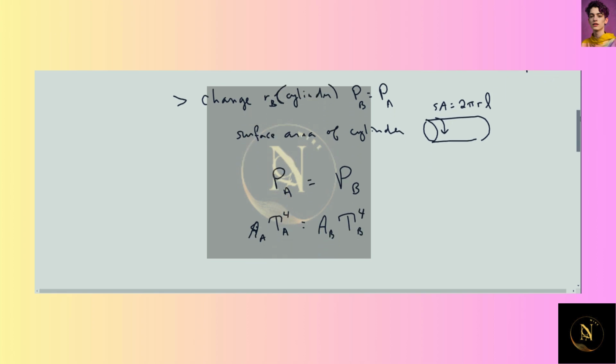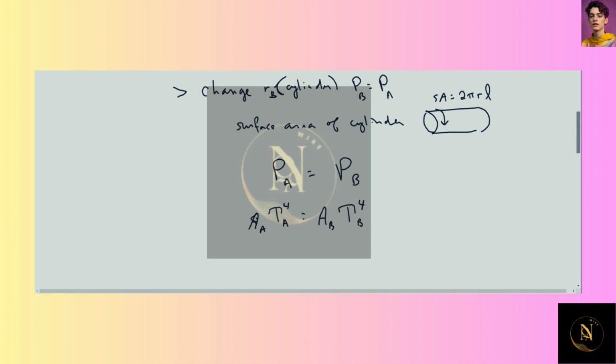Okay, and the only thing that is going to be different between the two is the radius. So radius of A times temperature of A to the fourth power is equal to radius of B times temperature of B to the fourth power.